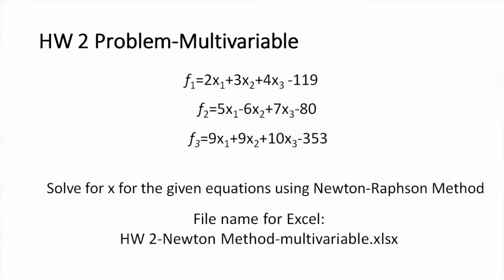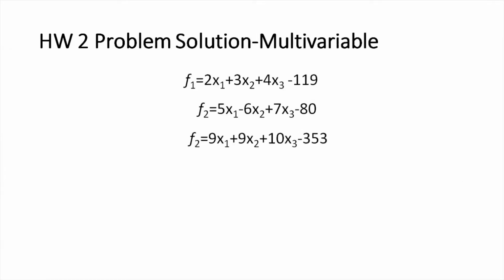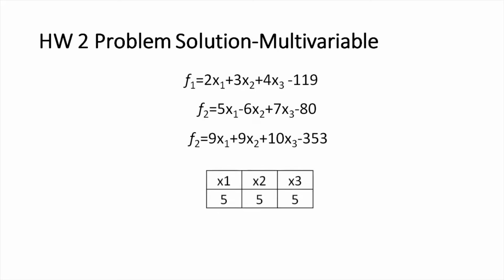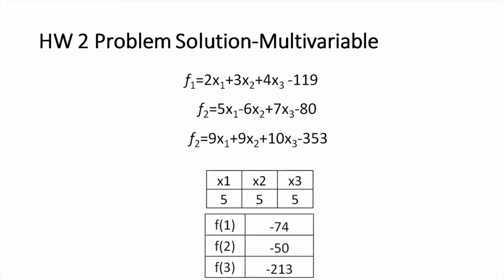We're going to go over an example problem for the multivariable. So we're going to have these three functions and solve for each variable. And here's the Excel file if you want to try on your own. So we had to start with an initial guess and plug into the equations for each one.